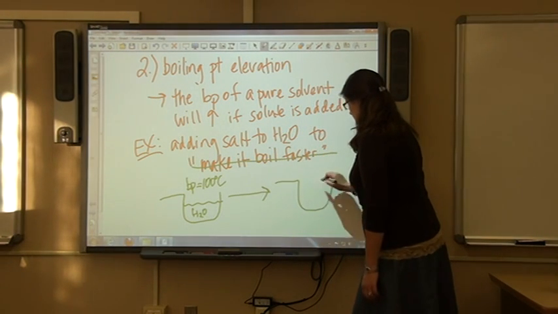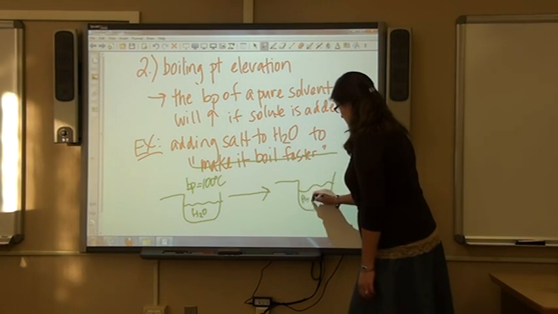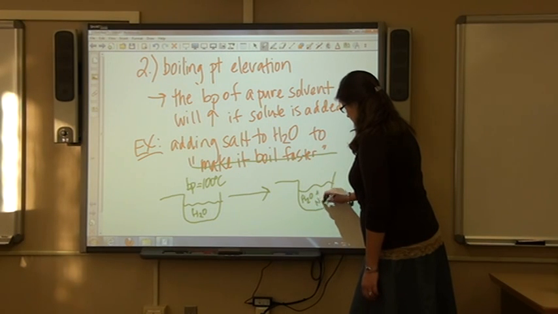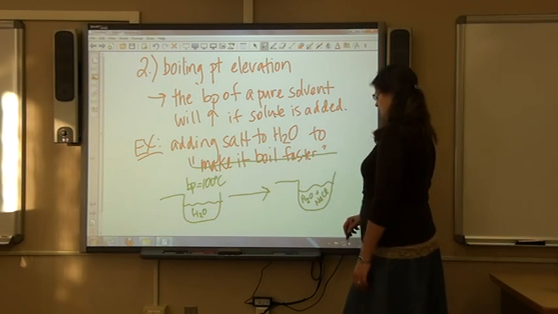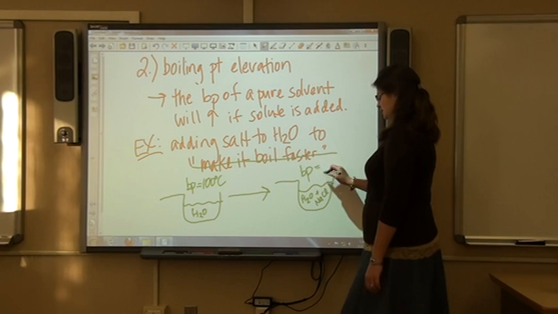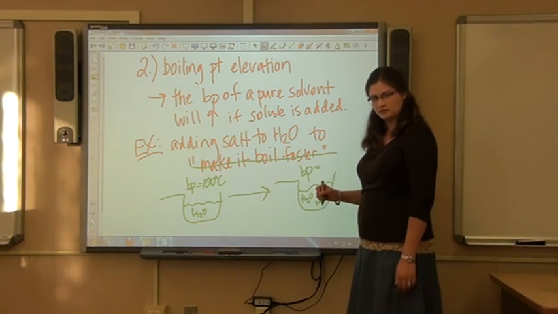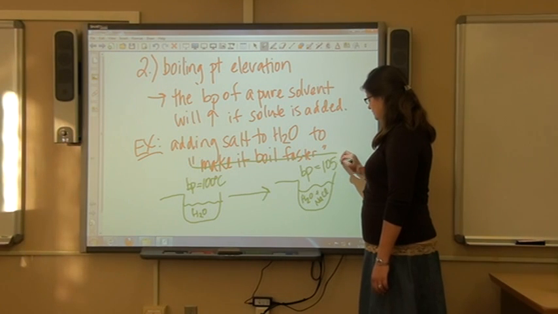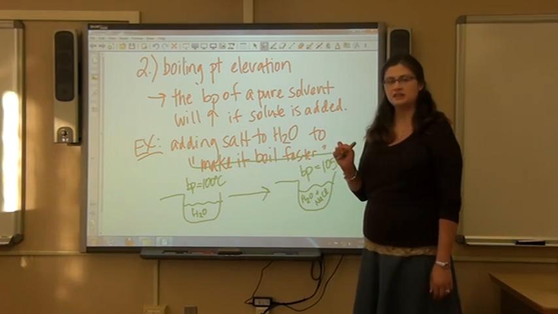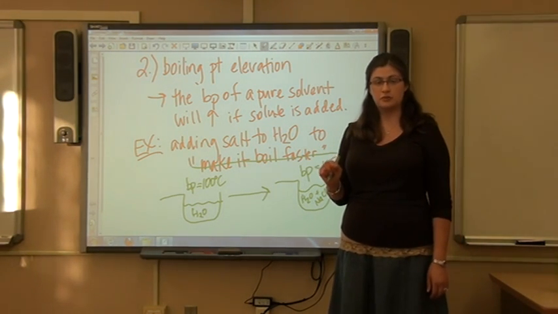And then you do the adding of the salt. So here you have water plus NaCl. The boiling point of water plus NaCl is somewhere around 105 degrees Celsius. It takes longer for water to boil if you add salt.